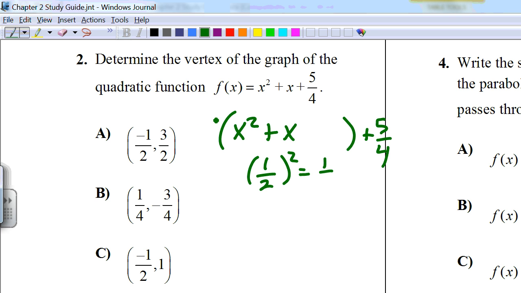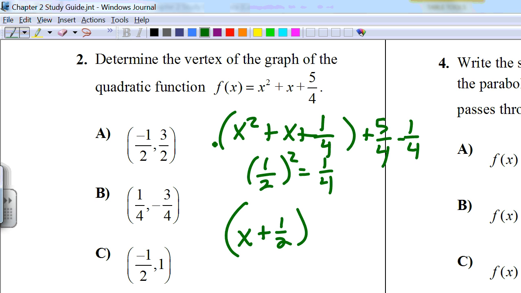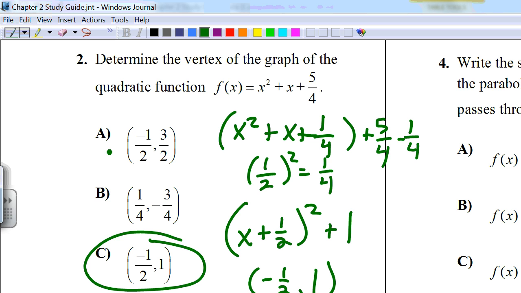Square that, we have 1/4. So we add 1/4 and we subtract 1/4 outside. So this gives us (x plus 1/2) squared plus, well, 5/4 minus 1/4 is 4/4, which is 1. So our vertex is negative 1/2, 1 because it's x minus h plus k. So the answer would be C.